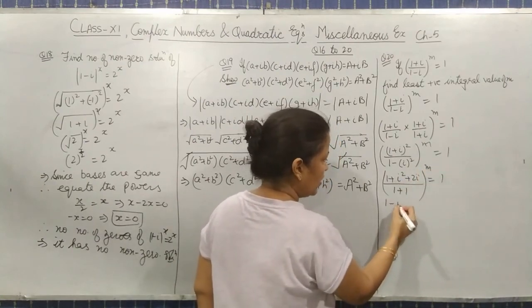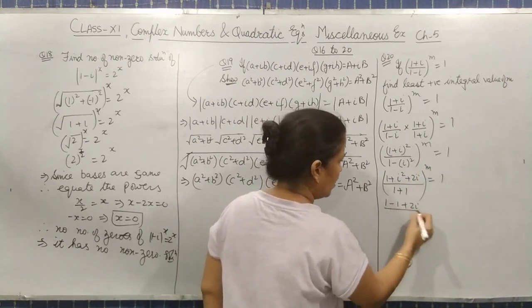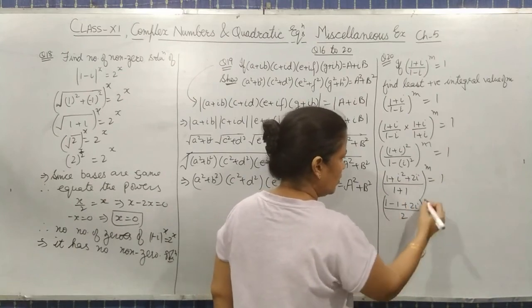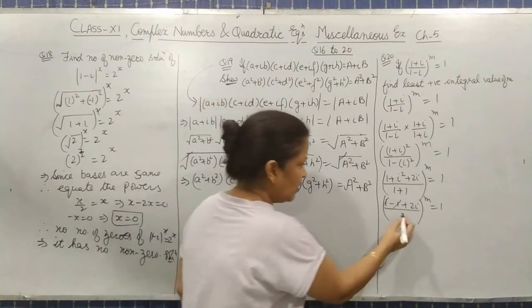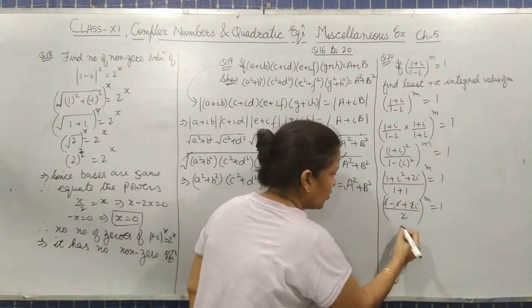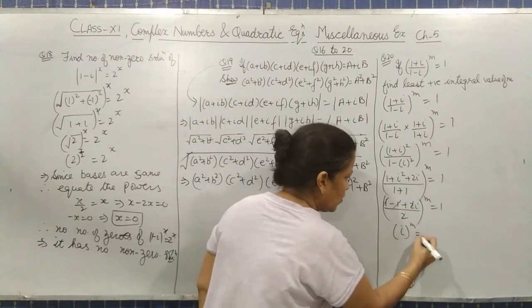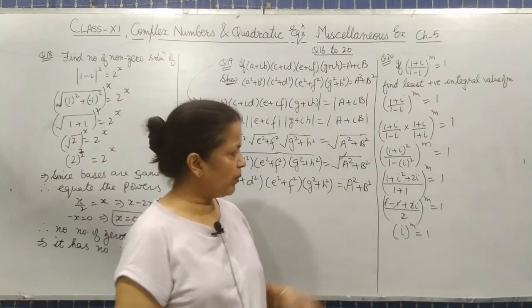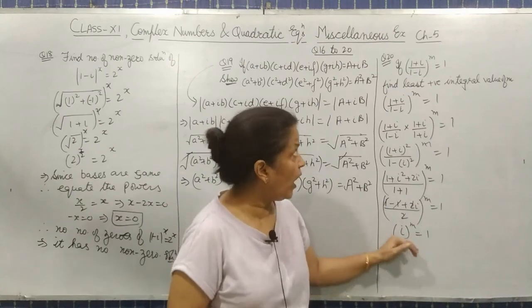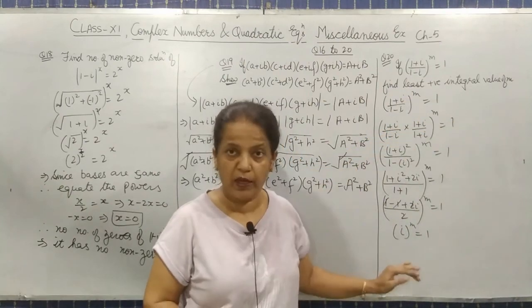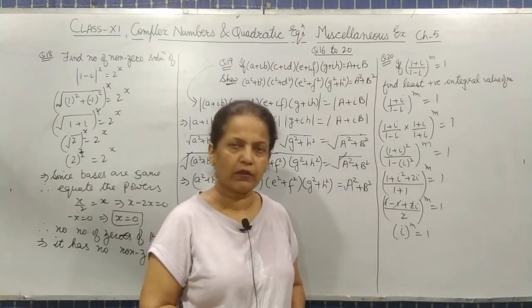So I square minus 1 plus 2 iota upon 2 power m equal 1. ये cancel हो जाएगा. And this 2 will also be cancelled out. So iota power m equal 1. Now tell me, what should be the next step? क्या होगा यहाँ पे? You have to find out the value of m. How will you proceed further?